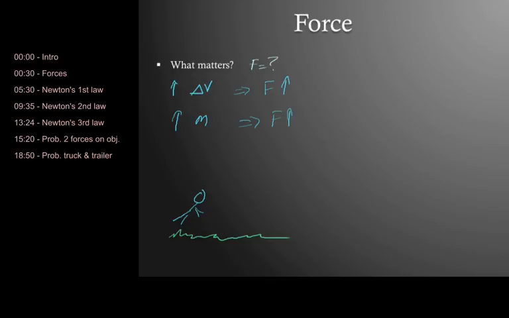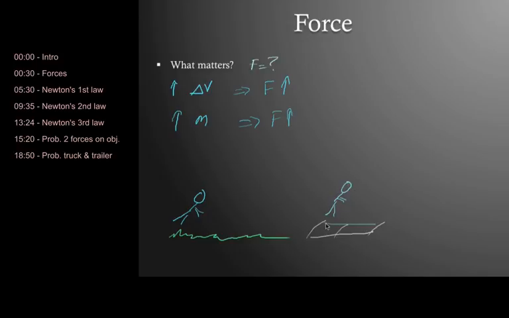Another thing I'd like to contrast this with is, what if instead of falling on grass, you fell on a sidewalk? So in this case, you're falling on a sidewalk. Why does the grass end up hurting you less than the sidewalk if you just tripped and fell?